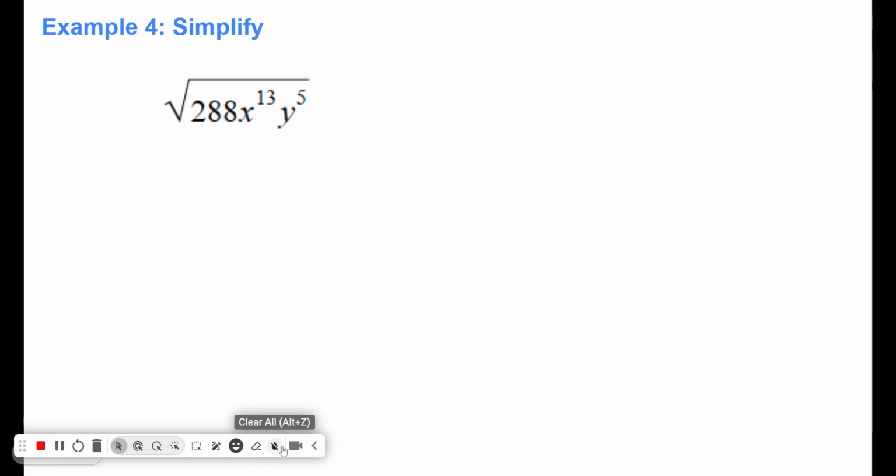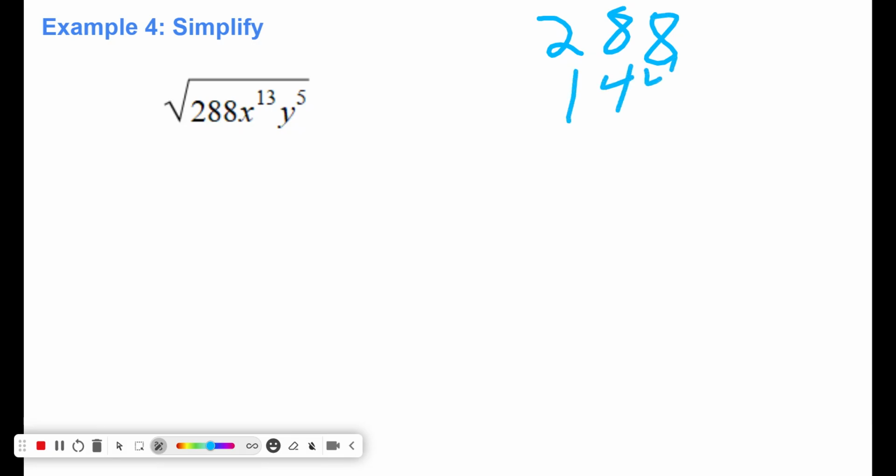Now, what if they're mixed? Here we have the square root of 288 times x to the 13th power times y to the 5th power. All right, let's see what we can do here. I don't know what you're going to think is the simplest one. Right away, my brain thinks about 288. If I cut that in half, that's 144. And I know that's a perfect square.